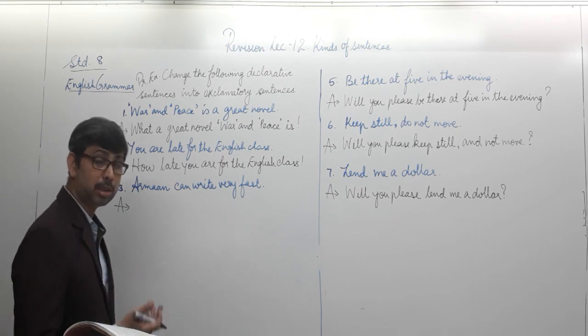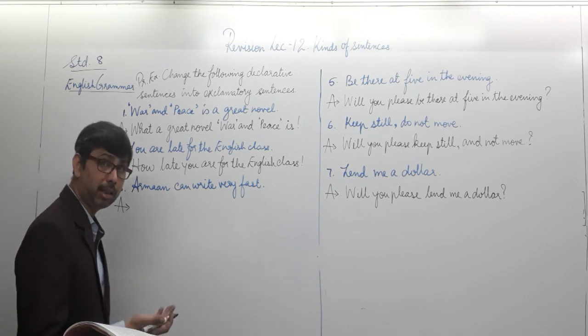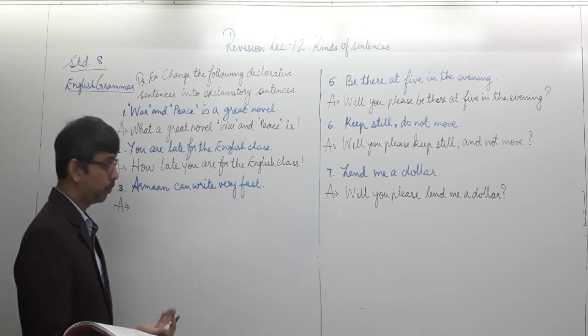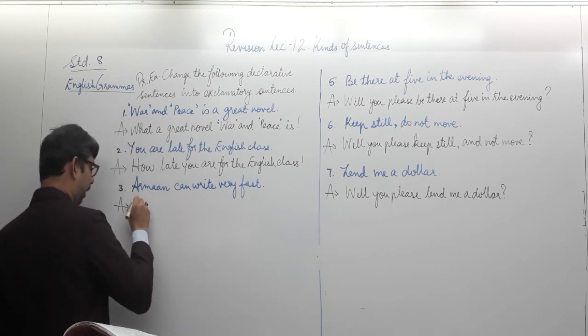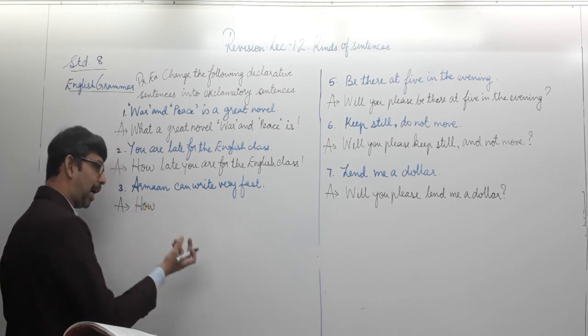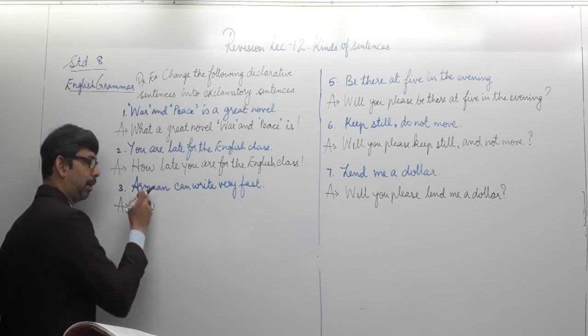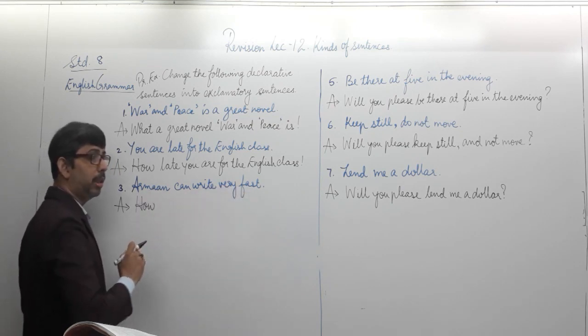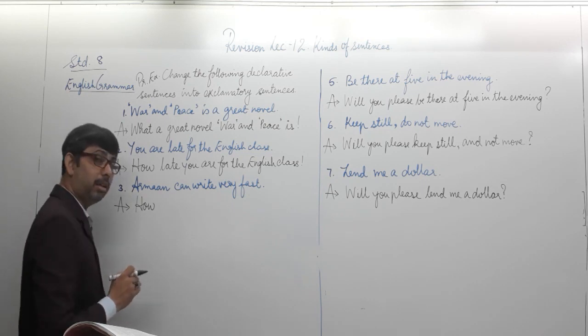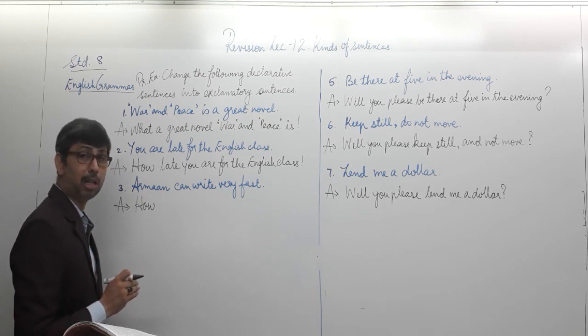We are not asking a question saying how fast can Arman write. If you write like that, how fast can Arman write, it will turn out to become a question. So, we will be beginning with the word how and not what. You can have a trial and error and insert the what and try to read the sentence. You will realize that it is incorrect. What fast Arman can write? You don't say that.